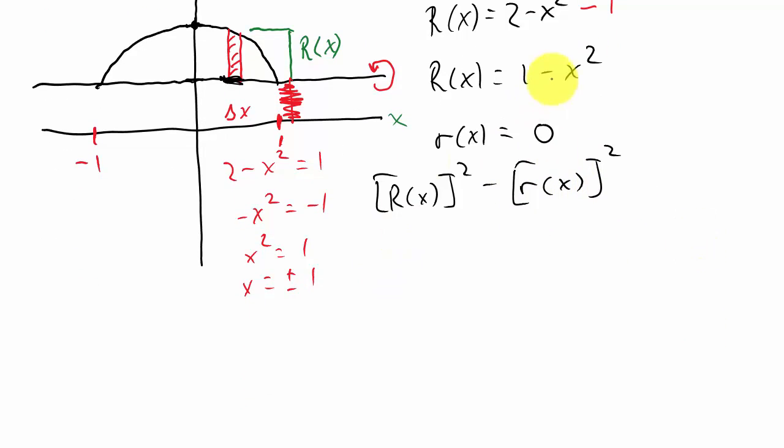I'm going to plug this in. That's 1 minus x squared, squared, minus 0 squared. If I FOIL this out, that's 1 minus 2x squared plus x to the 4th, minus 0. We're just left with this. So this is what I'm integrating, and I'm integrating from -1 to 1.